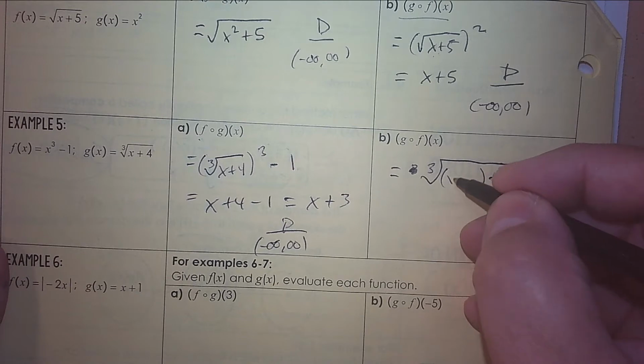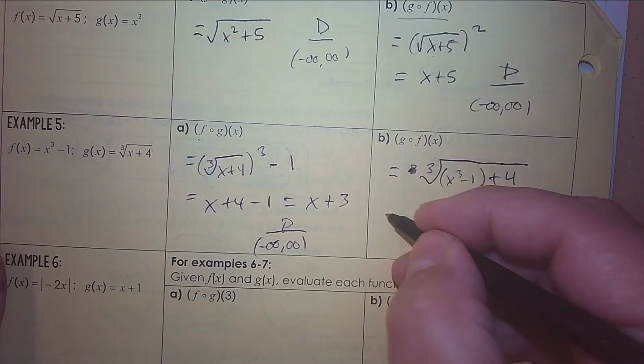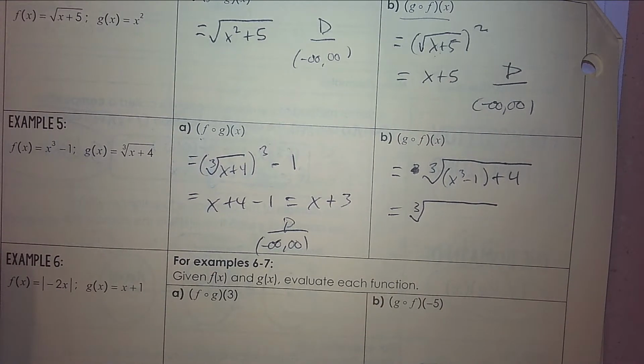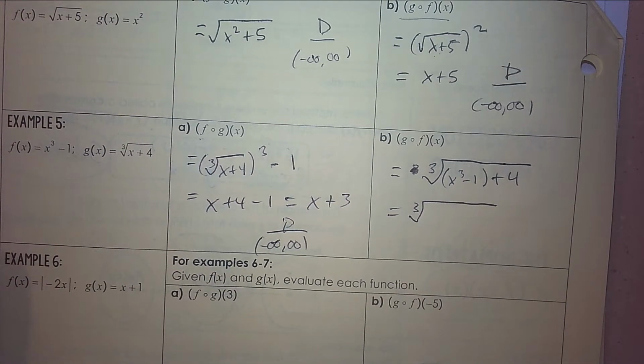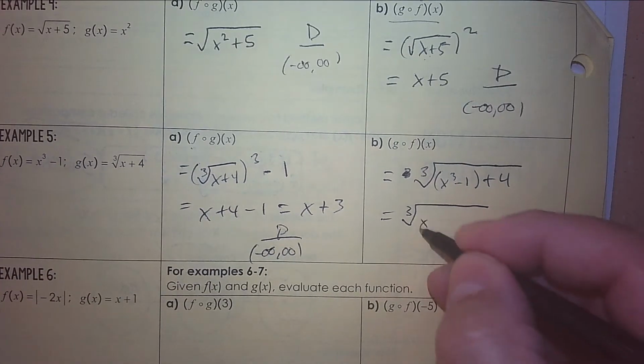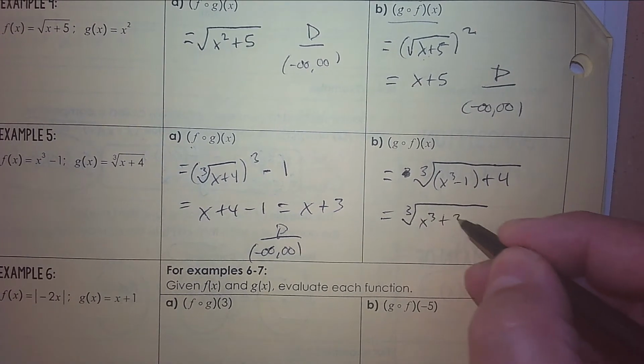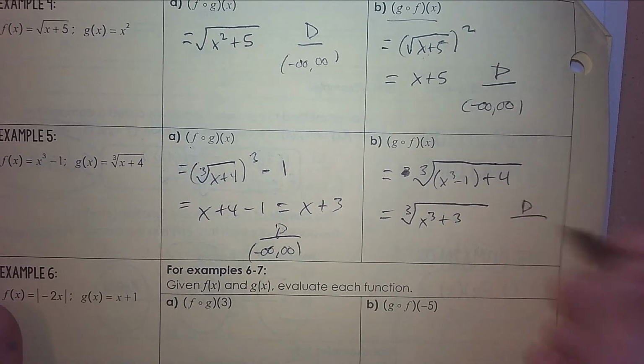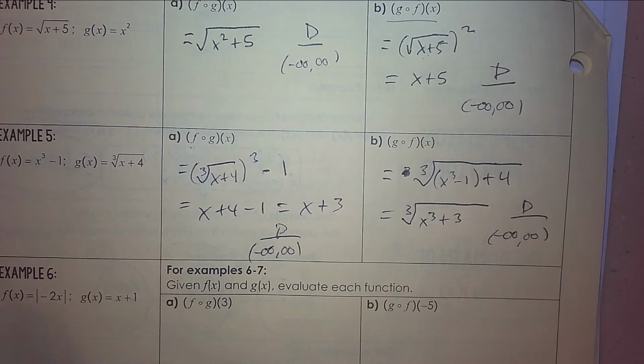X cubed minus 1. All right, under the cube root sign, can you combine like terms? So x cubed plus 3. Even though the cube root and the cube undo each other, the plus 3 prevents us from simplifying it. So that's as far as you can go. Are there any domain restrictions for cube root? Perfect. All real numbers. Done.